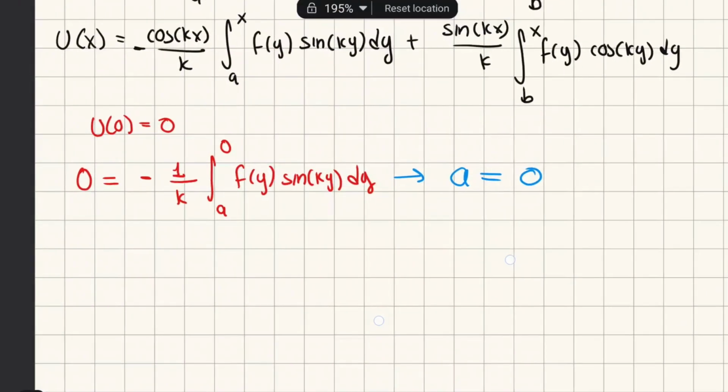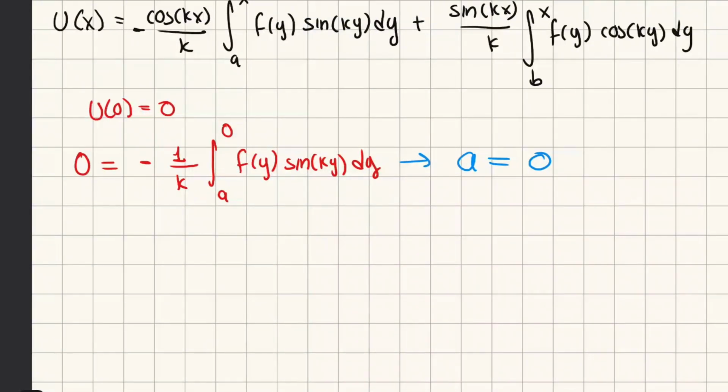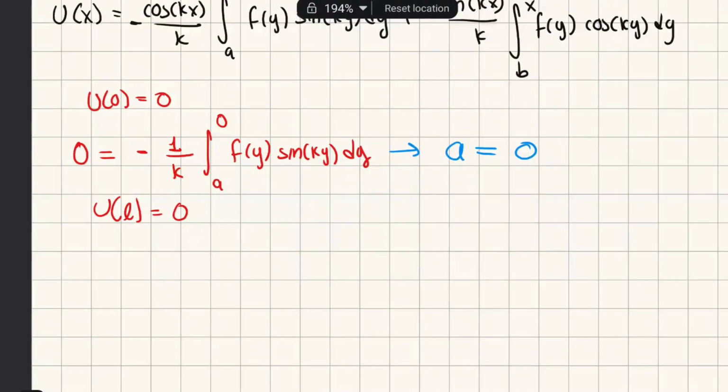Perfect. So now we are going to make use of the second boundary condition, which is that u of L is equal to 0, right? So what is this going to be?